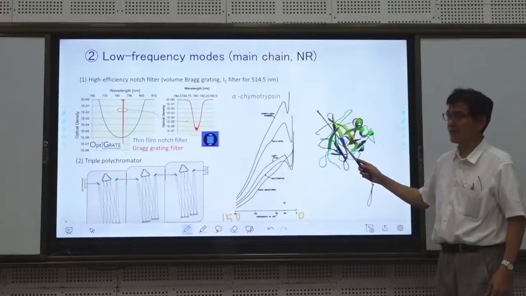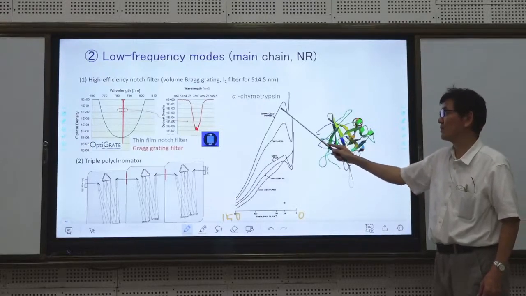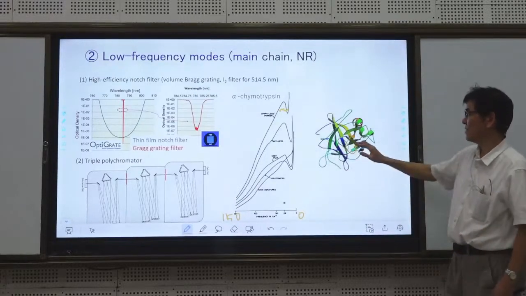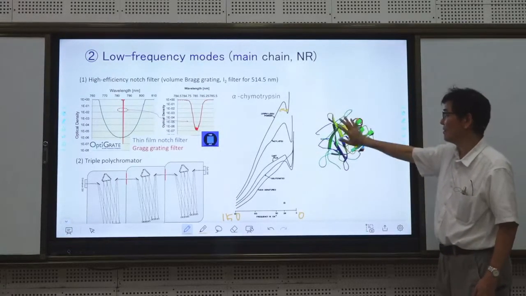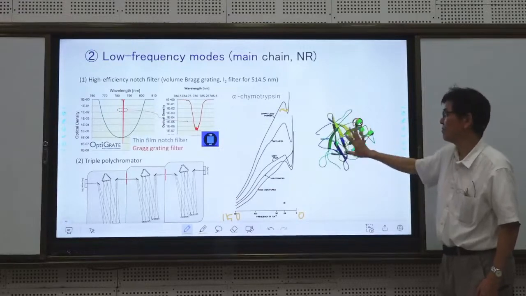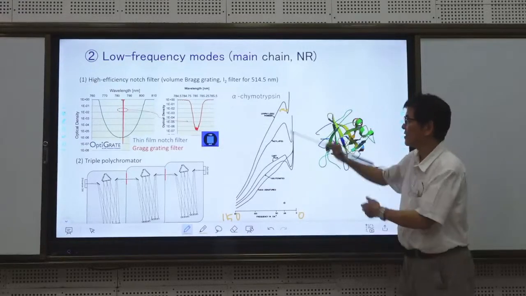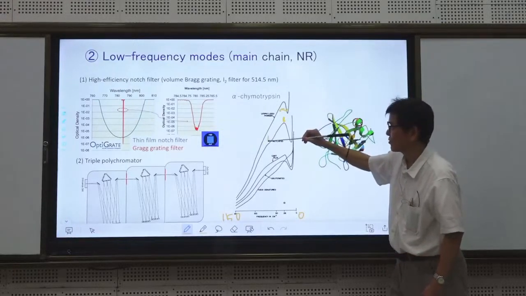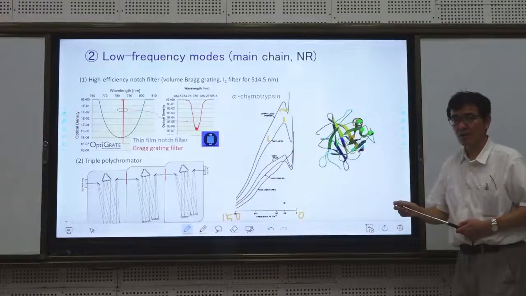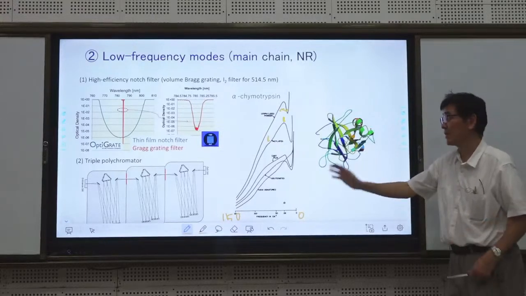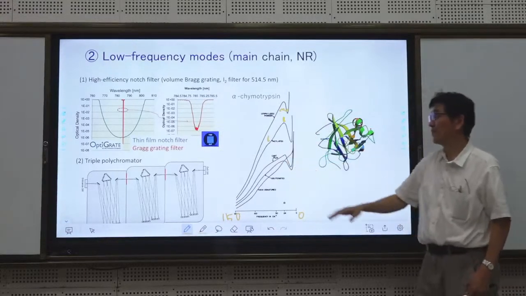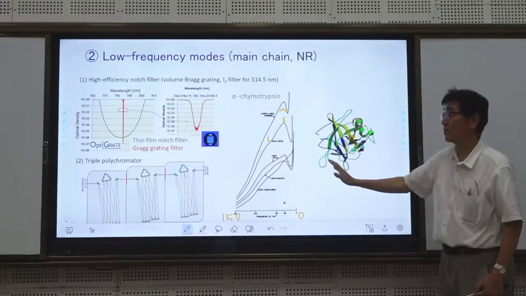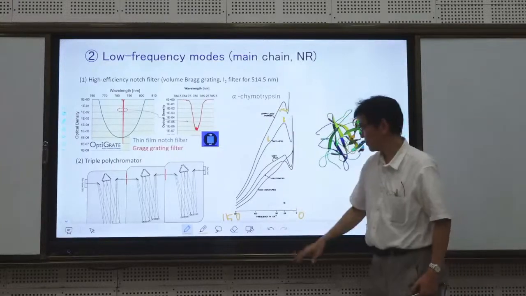But in many cases, the low frequency mode has a broad bandwidth, and compared with a huge molecule it gives a single peak or an unclear shoulder, so it may not be very easy to analyze the low frequency mode. But anyway, this is a method to analyze the main chain structure.